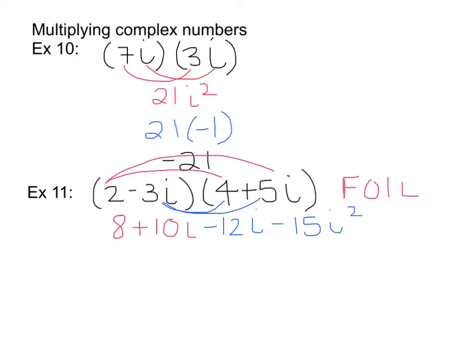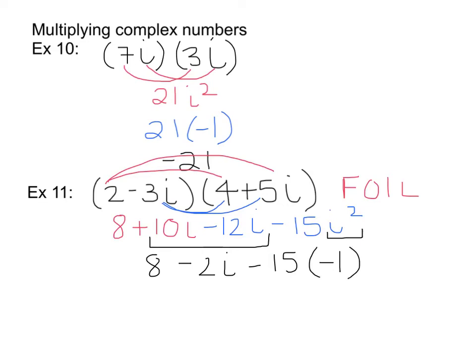Okay, now we need to combine like terms, so the 10i minus the 12i is going to give me -2i. Bring down the 8, bring down the -15. Then right here we see that 15 is being multiplied by i squared, so I'm going to replace i squared with my -1. -15 times -1 gives me +15.